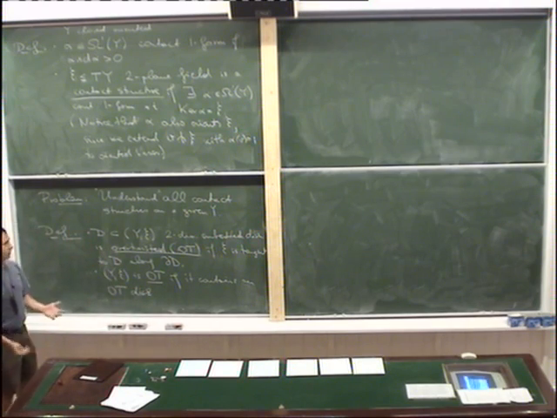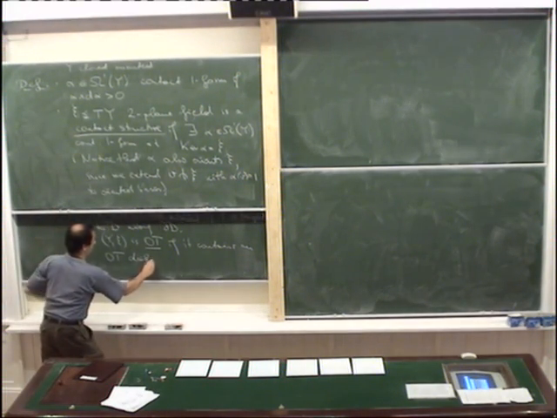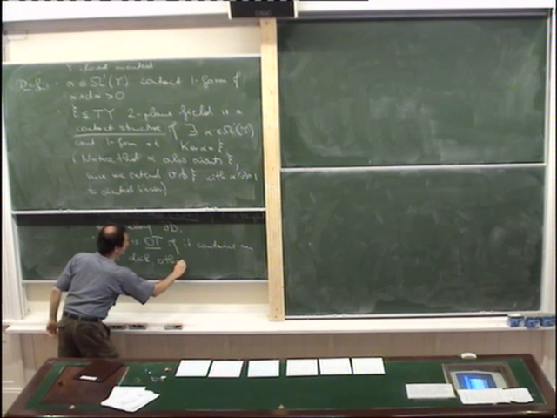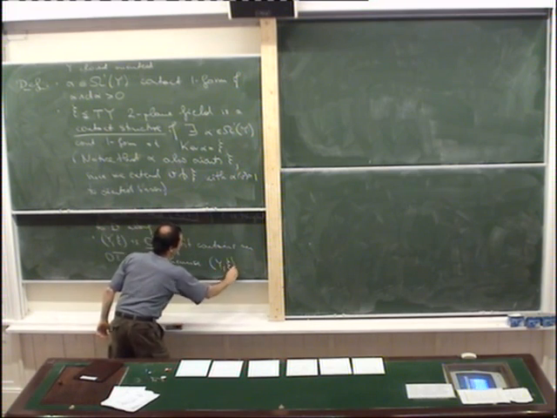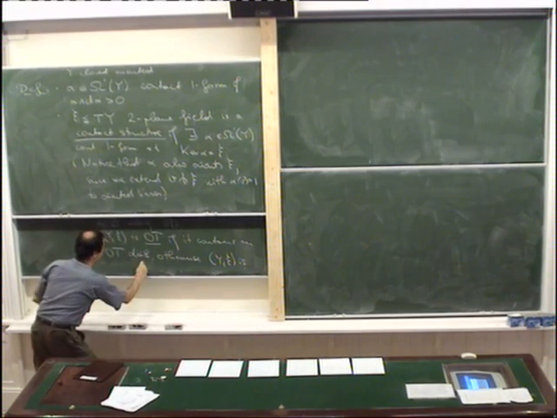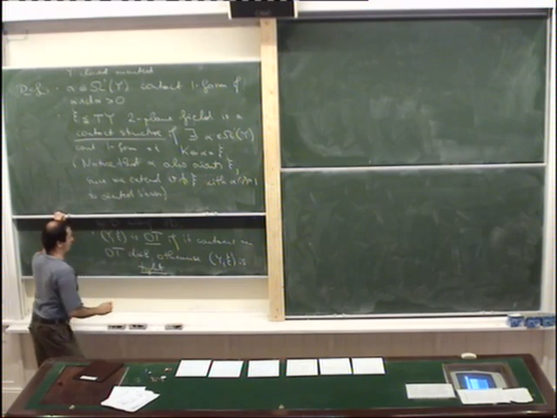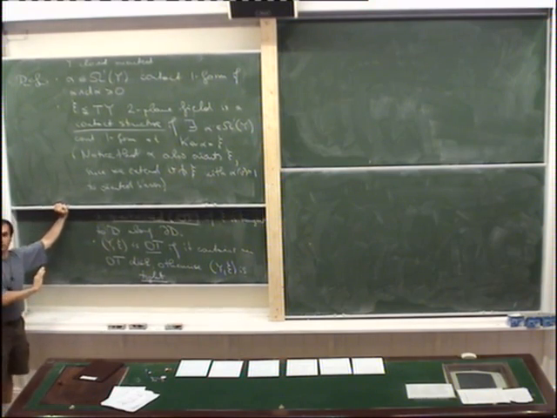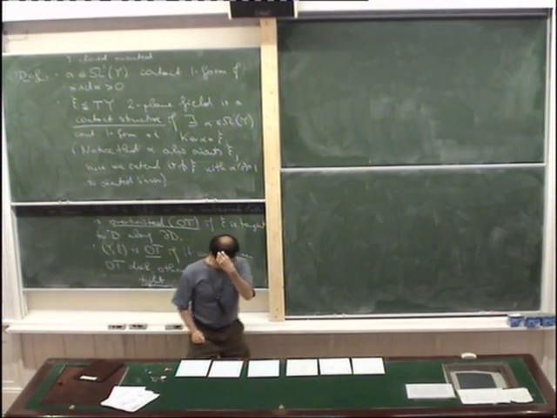And if a contact structure is not over-twisted, it is called tight. So otherwise, Y psi is tight. So probably this is the most important definition of the subject from the topological point of view.